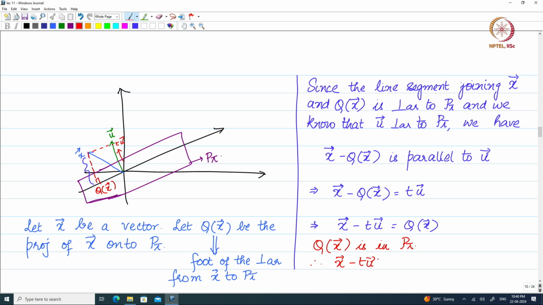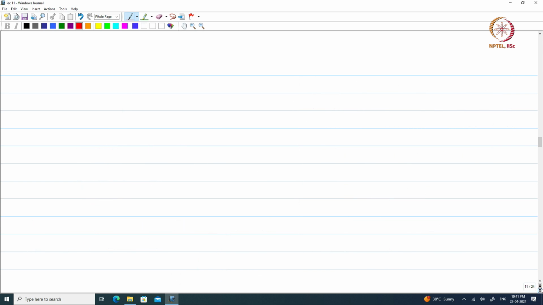So, we say that x minus t u is perpendicular to the vector u, right. That implies t u is the projection of x onto u.